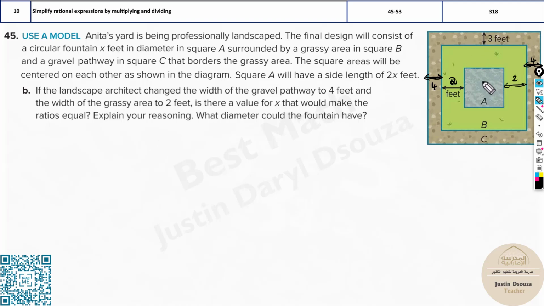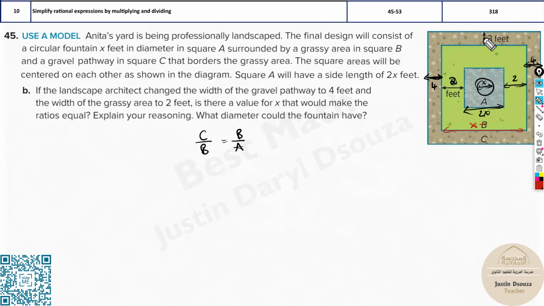Again, the same thing. There's x, and this was 2x. Will it be equal now? Let's try this. Again, the ratio of c divided by b must be equal to b divided by a. So all you do is substitution. I'll change the color and substitute it. 2x is the same. But what about this length? It's going to be x.